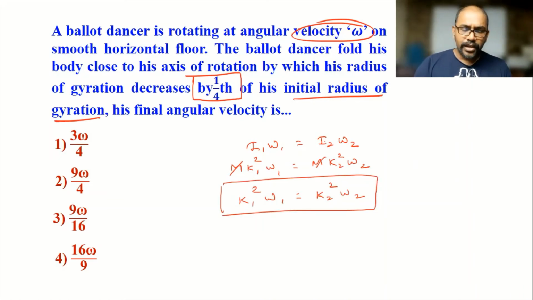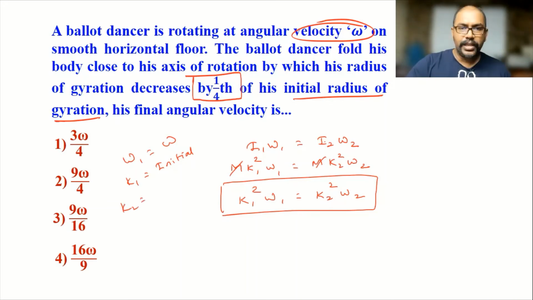Now, here are some points we have to consider. So omega 1 is equal to omega, the initial angular velocity is omega. And the initial radius of gyration, I consider K1. Then the second radius of gyration, K2, is equal to how much?